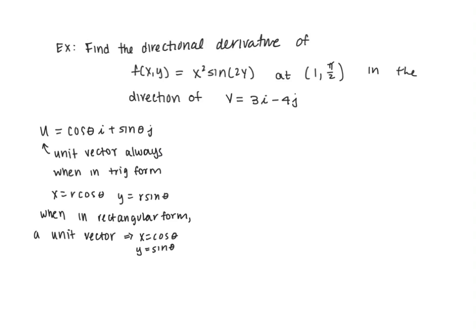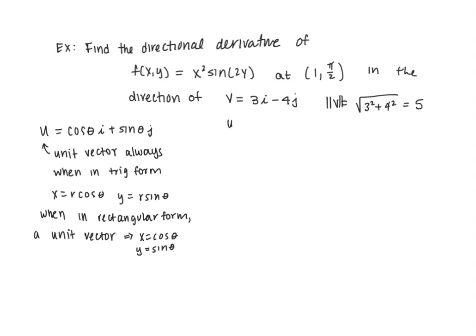Now, I'm going to check to see if my vector is in unit vector form, because I need a unit vector to apply the formula. And if I do the Pythagorean theorem of 3 squared plus 4 squared, I don't get 1. So I need to divide by the magnitude. The magnitude of v is the square root of 3 squared plus 4 squared, which is 5.